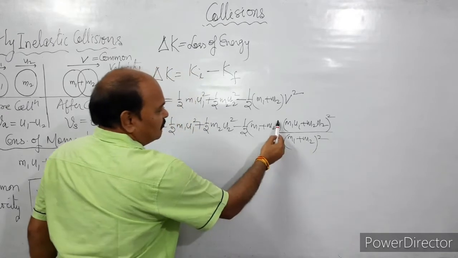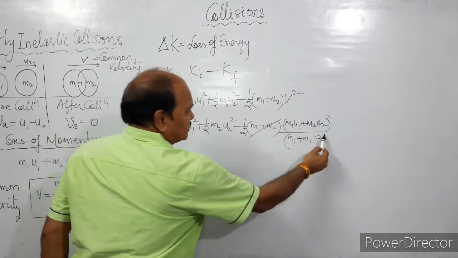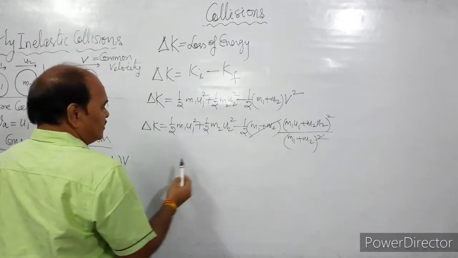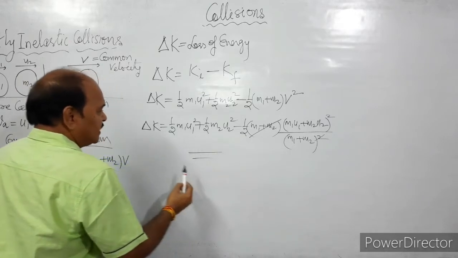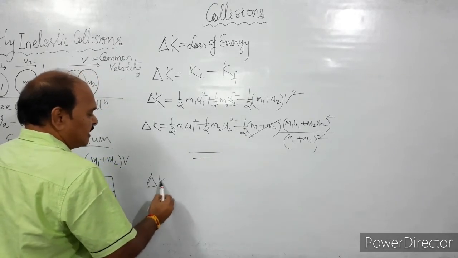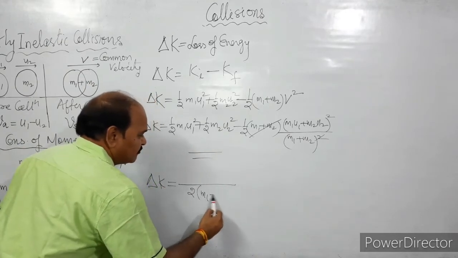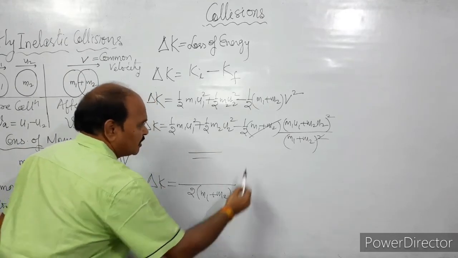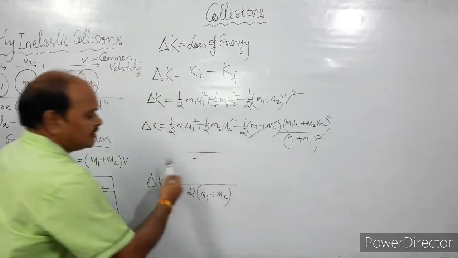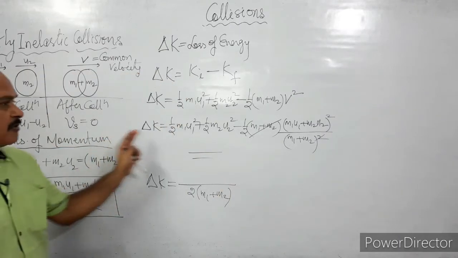You can see that one power of this m1 plus m2 cancels out. We solve it further by taking LCM as twice (m1 plus m2), and we solve the numerator.